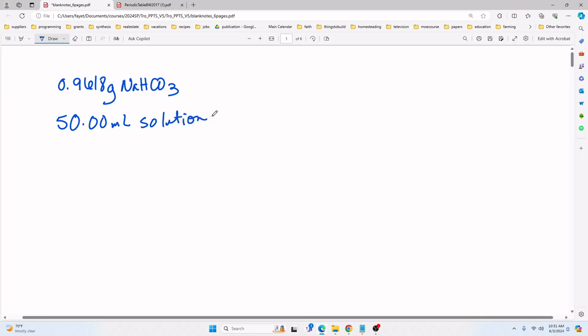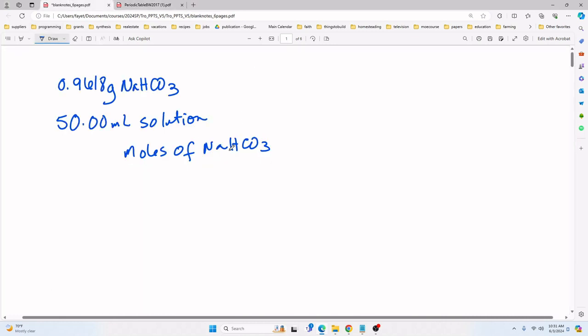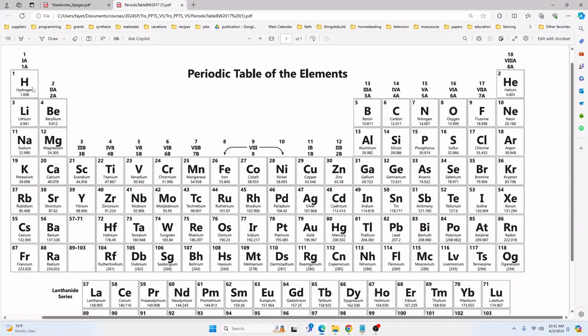So the first question asks us to calculate the moles of NaHCO3. In order to do that, we need to first calculate the molecular weight of sodium bicarbonate. So sodium is 22.990. Then we have hydrogen, carbon, and 3 oxygens. Hydrogen is 1.008, carbon is 12.011, and oxygen is 15.999.